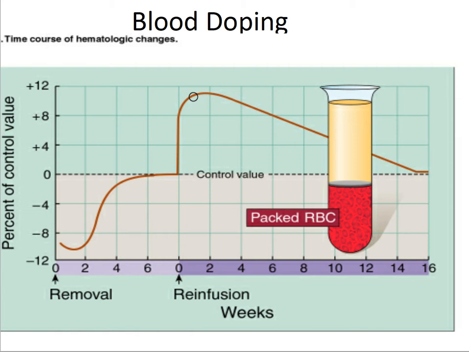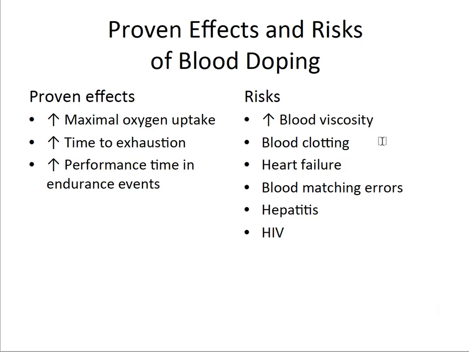It can go up 8 or 10%, and gradually over time it goes down, but this is in weeks. So if you're doing some competition, you try to time it, so you reinfuse this blood in just a couple weeks. But it can increase blood viscosity. The blood can become too thick.